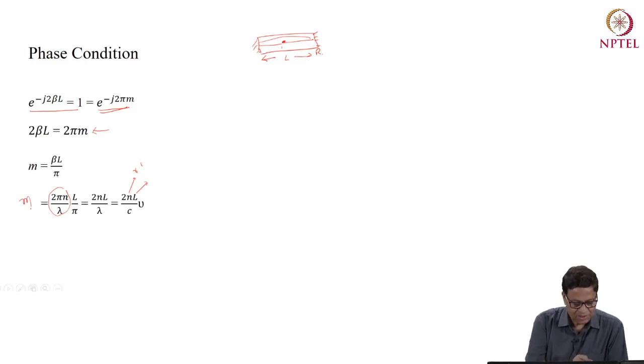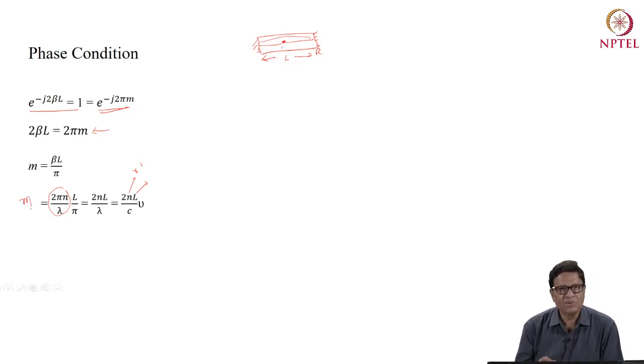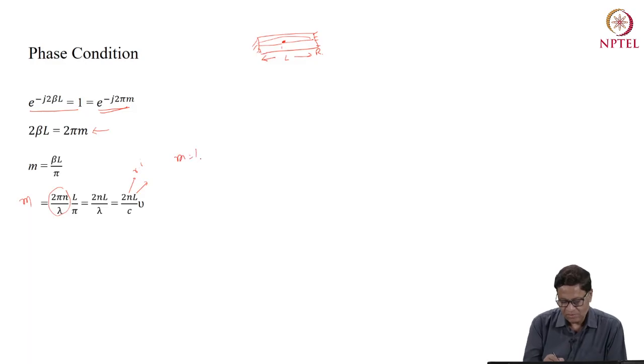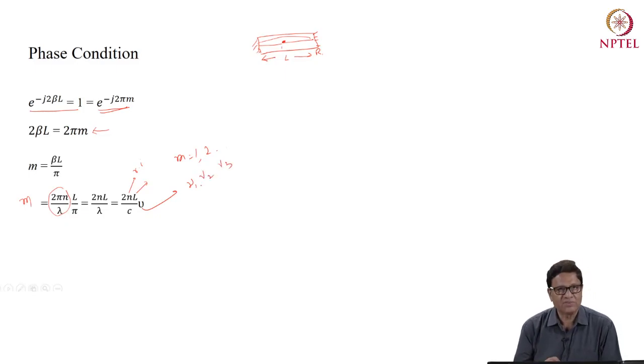And this is m. This m can take values 1, 2 and so forth. That means this condition will be satisfied only by a few frequencies, say nu1, nu2, nu3. It is not satisfied by all the frequencies.